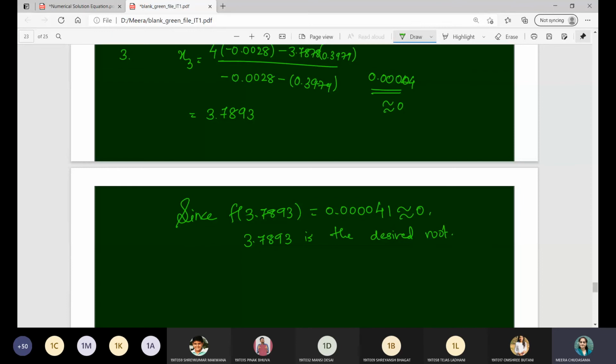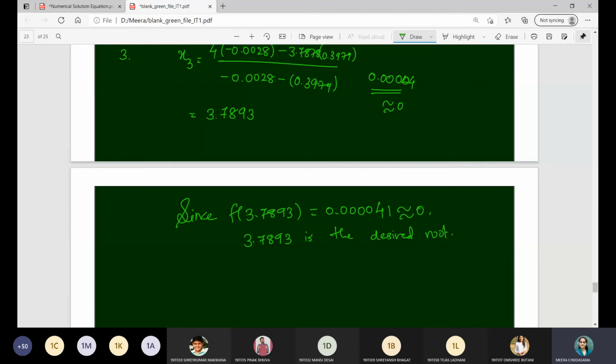So right now, IT1, IT2 from 64 to 120 students, this candidate's exam paper has been evaluated by me, and the rest of the students' papers will be evaluated by Kunal sir. So he will let you know the marks of unit test 1.